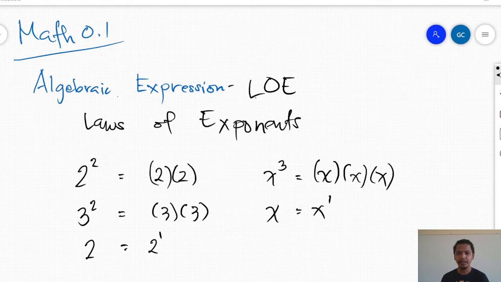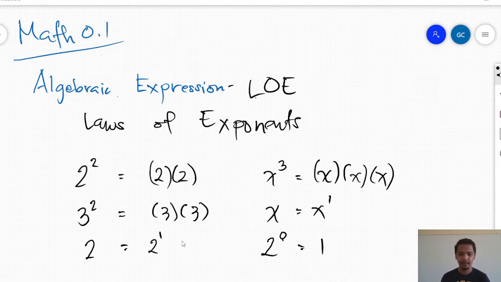Meron tayong iba pang bagay na kailangang intindihin. Minsan, ang nakalagay ay 2 raised to 0. Or kumbaga magkakaroon tayo ng number na pwede nating i-raise sa 0. So, this is just the general rule for any number that is raised to 0, that is just equal to 1.